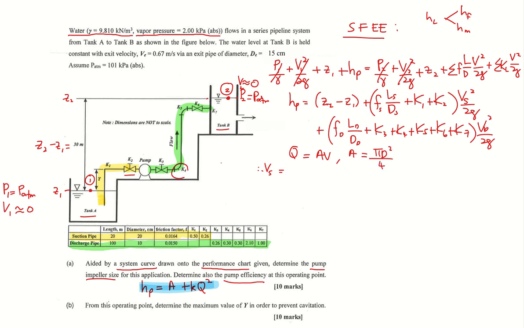So Vs is Q divided by A, is 4Q over pi d squared. All right. So 4Q divided by pi ds, ds is 20 centimeters. Convert to meters. So you should get this.